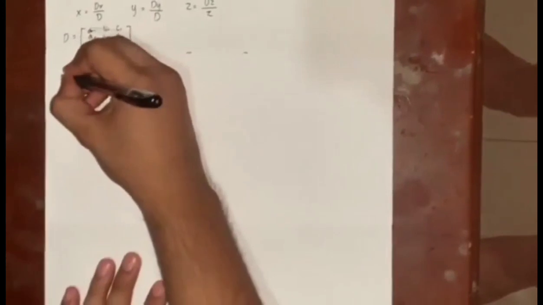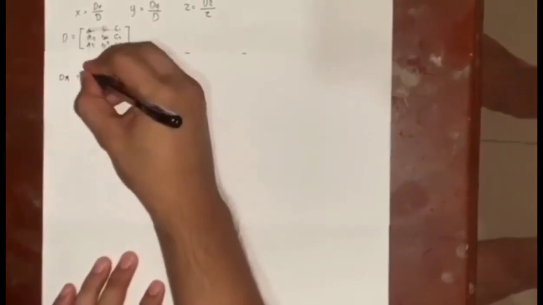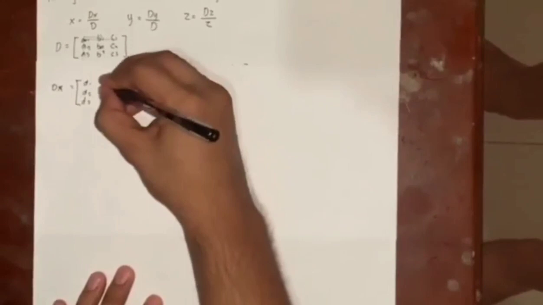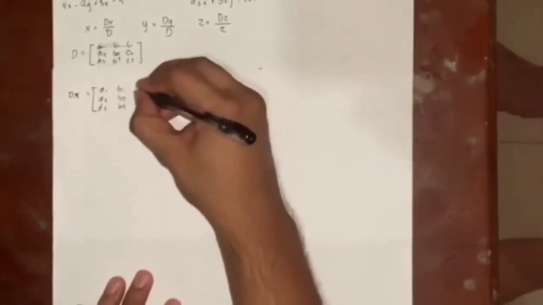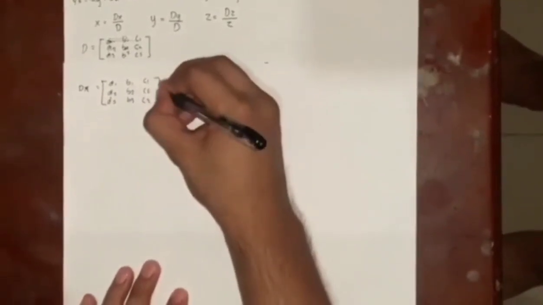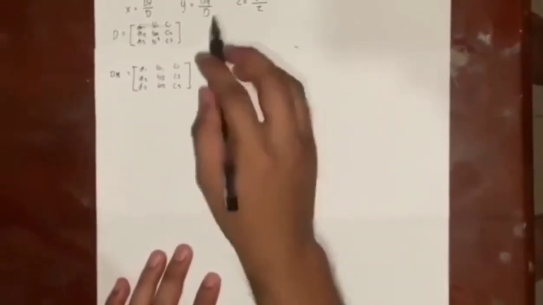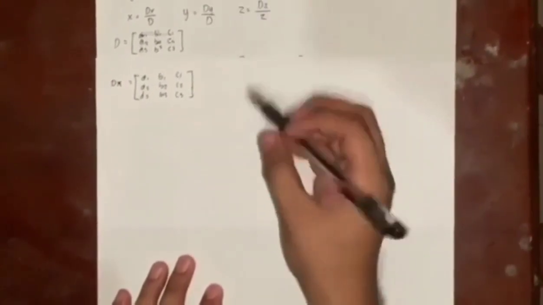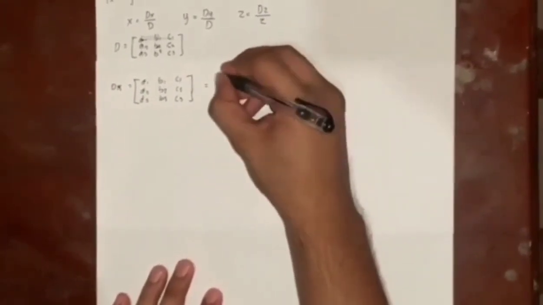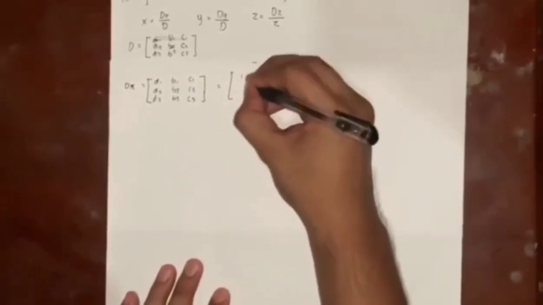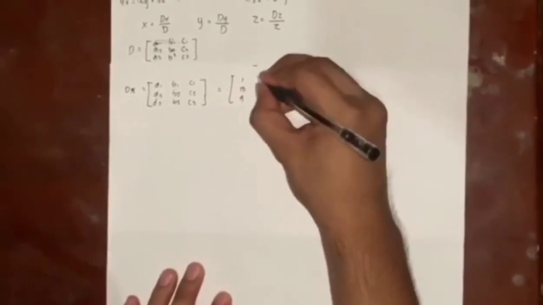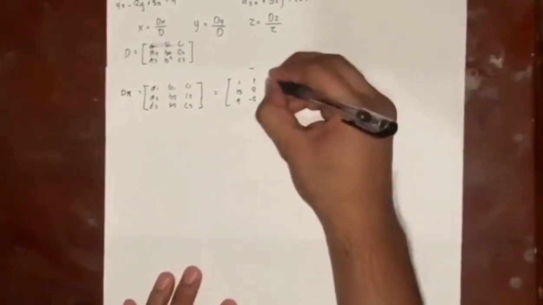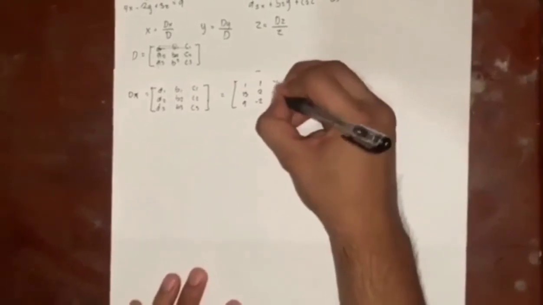Dx is equal to d1, d2, d3, b1, b2, b3, c1, c2, c3, and they will convert into numbers like this, and then the d1, d2, d3 are equal to 11, 3, 9, 1, 2, negative 2, negative 1, 2, and 3.